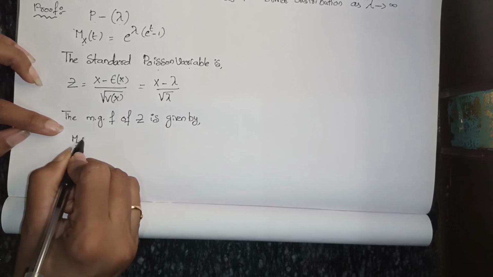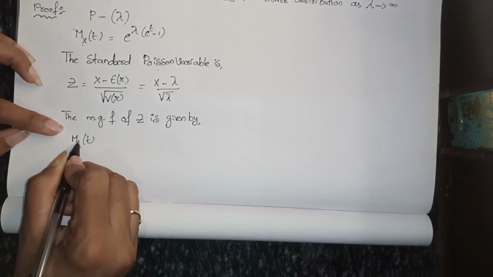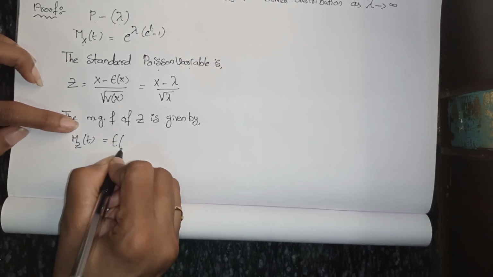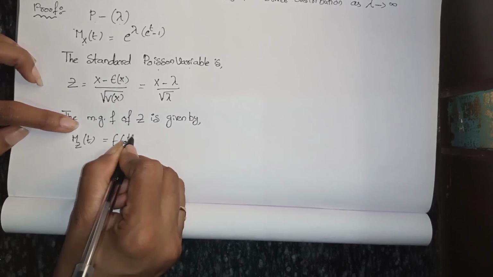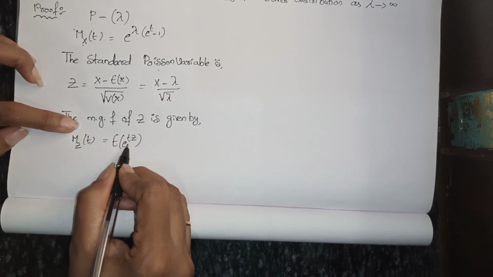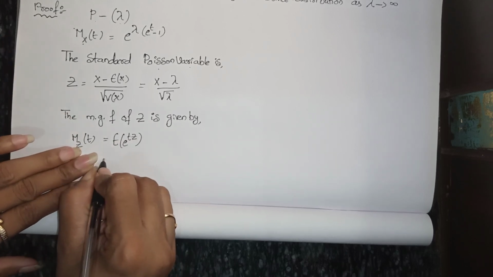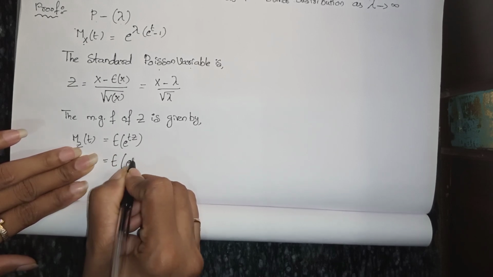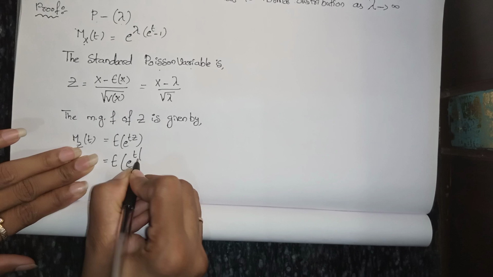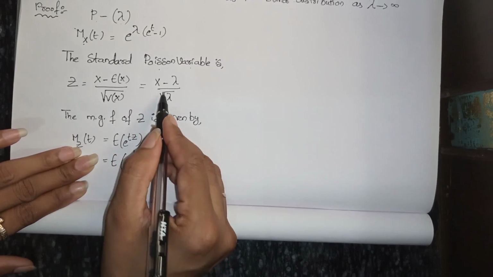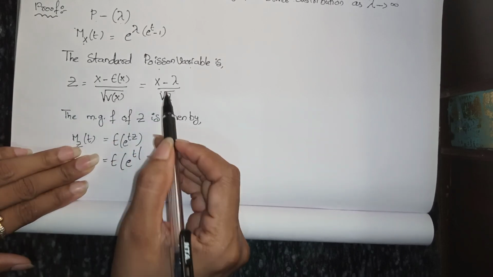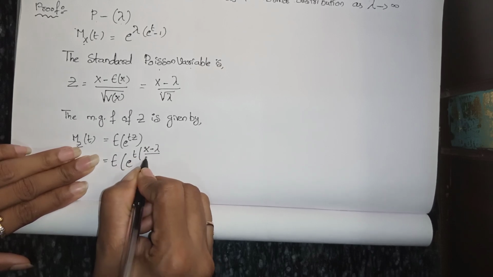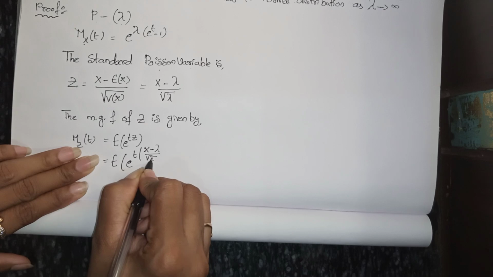M_Z(t). Instead of x we are going to write z. M_Z(t) equals expectation of e power tz, that equals expectation of e to the power of t into z. In place of z we write this value, that is (x minus lambda) by square root of lambda.